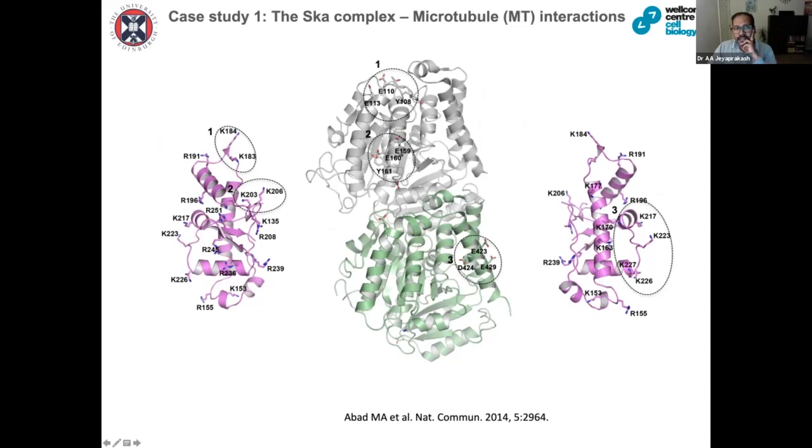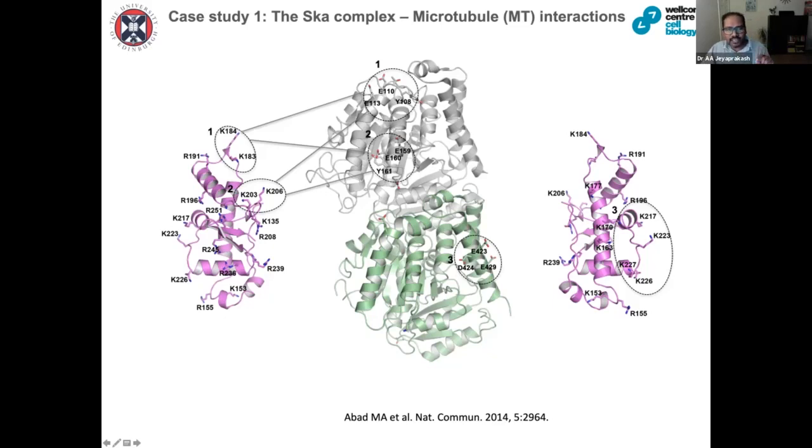For example, the lysine clusters on the SCAR1 microtubule binding domain, labeled 1 and 2, each contact the glutamic acid clusters on beta tubulin. And if you look at the distance between the lysine clusters on the SCAR1 microtubule binding domain and the distance between the glutamic acid clusters on beta tubulin, they are near identical.